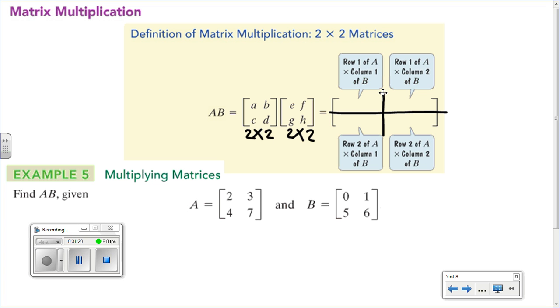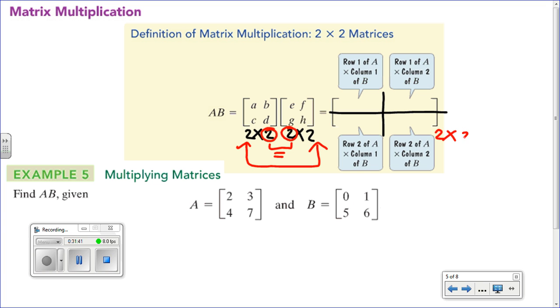We're going to look at this again on the next slide, but just to remind you, the number here has to match this number. The two in the middle must be equal. If they're equal, then the product is possible. And what will be the dimensions of the new product? The numbers that you see on the outside.